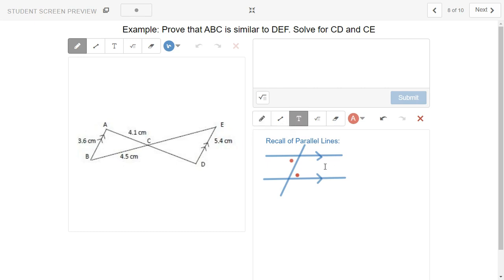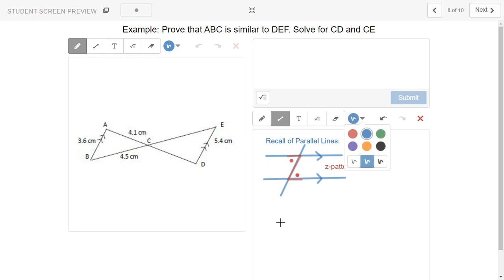I call this the Z pattern because if my parallel lines create the letter Z, then we know that these two angles are equal.